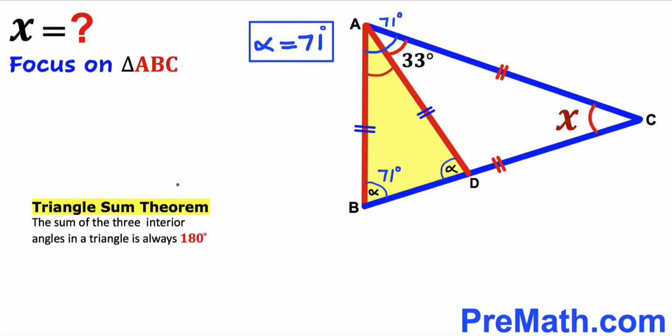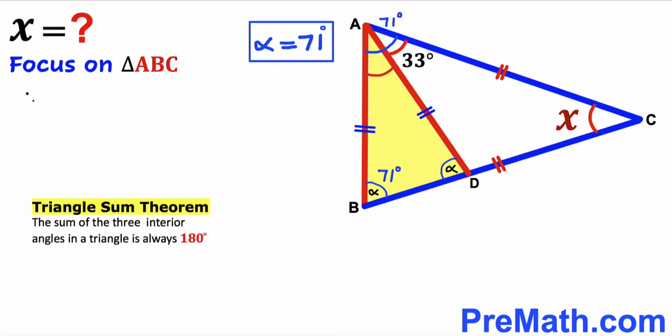And now let's recall this crucial theorem once again, the triangle sum theorem. According to this theorem, the sum of three interior angles in a triangle is always 180 degrees. So therefore, the sum of all these three interior angles, x, 71 degrees, and 71 degrees must be equal to 180 degrees.